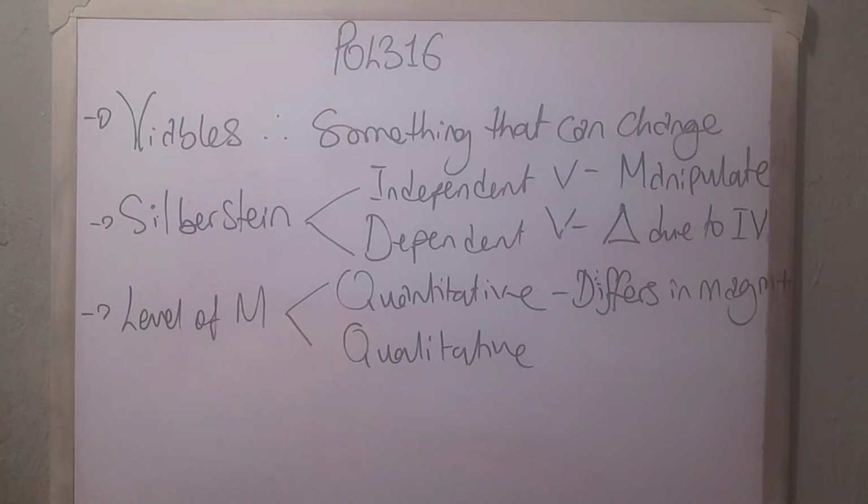It differs in magnitude. We have the likes of income, age, GNP, and the likes. This can be further divided into the interval, continuous, and ratio; we actually have three here, categorized into three, I beg your pardon.